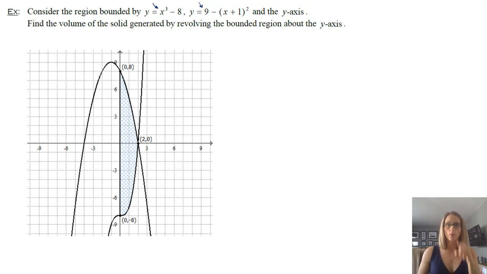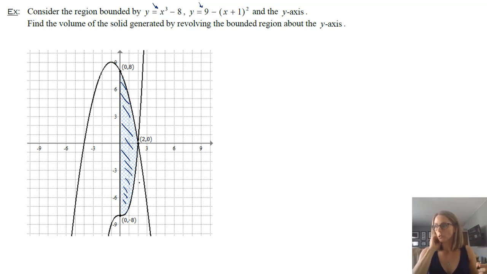So notice what's going to happen is that solid that you see, this piece here, is being rotated around the y-axis. So we have to think about, first, a couple different options.